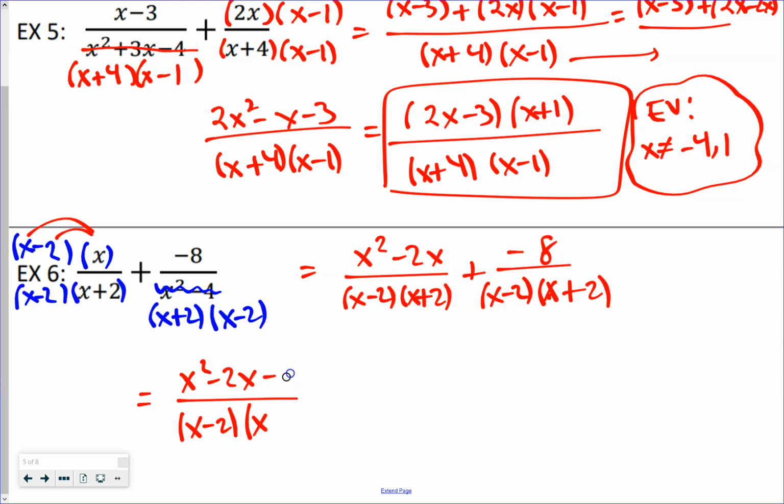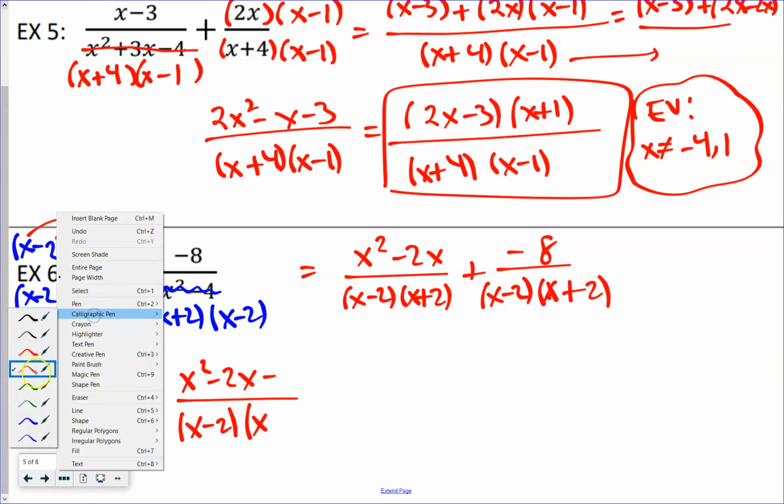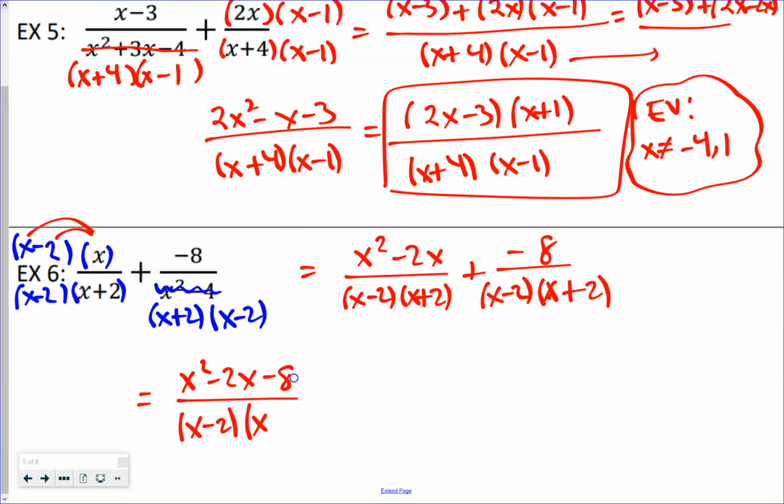That is going to be negative 4 and positive 2 over x minus 2 and x plus 2. And in this case, we actually did have something cancel out. My x plus 2's cancel. So we actually simplify to x minus 4 over x minus 2. No more common factors, that's it.